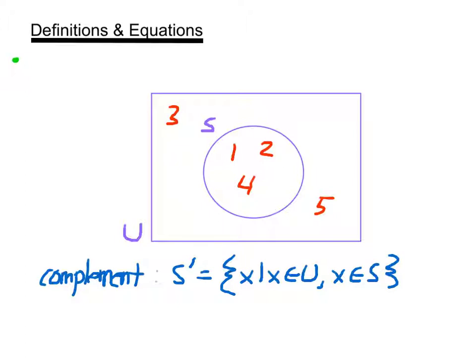Set S only contains the numbers 1, 2, and 4 because they're the only numbers within the circle. Now the complement of set S, or what we call S prime, are all the numbers that are within the box but outside the circle. So in this case, S prime is going to equal simply 3 and 5.